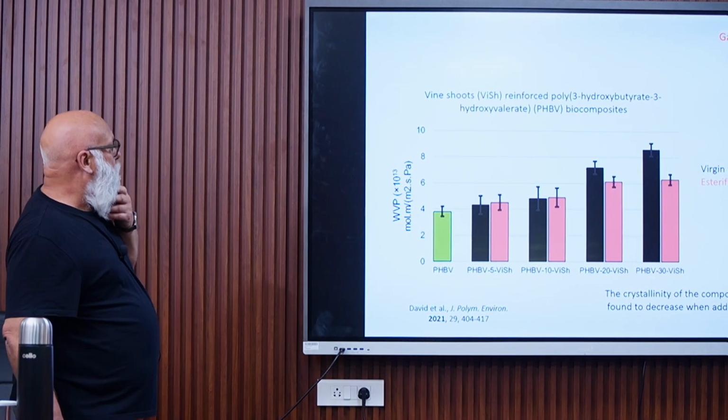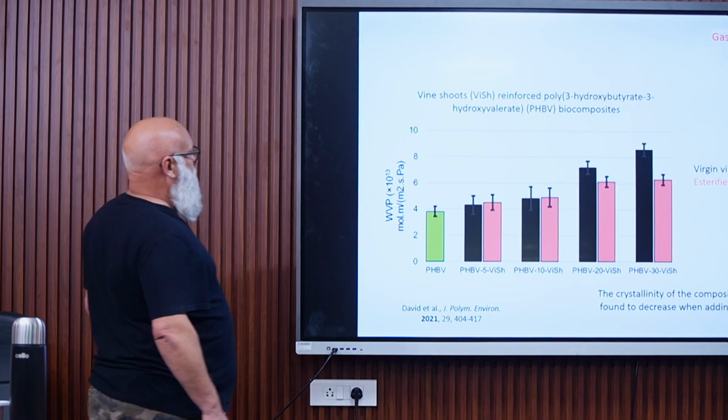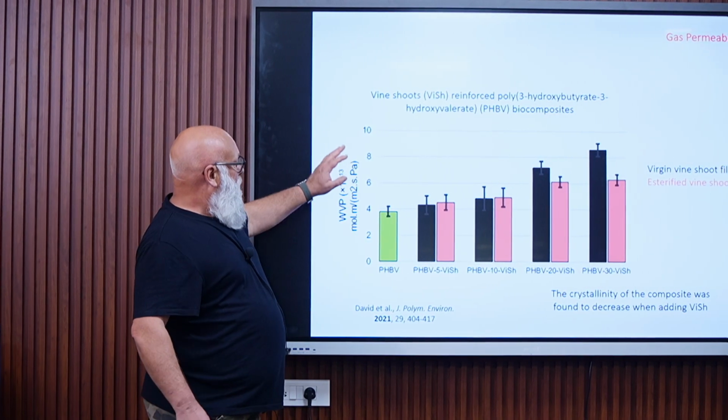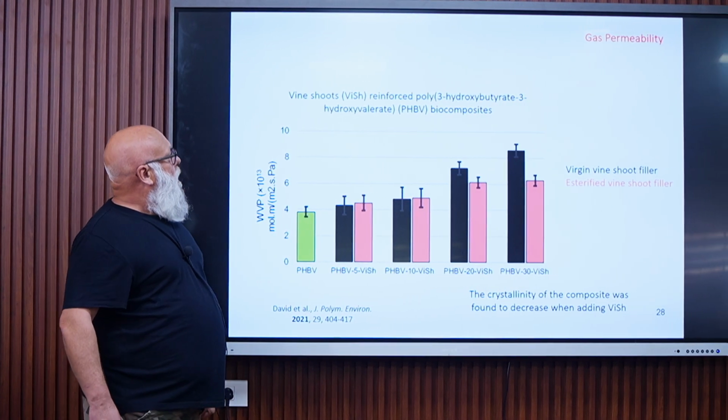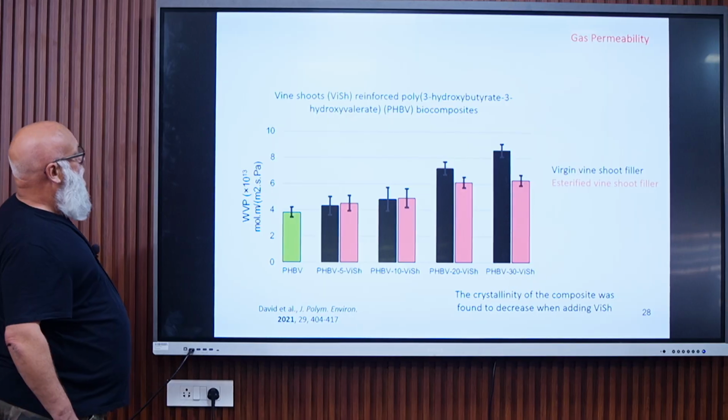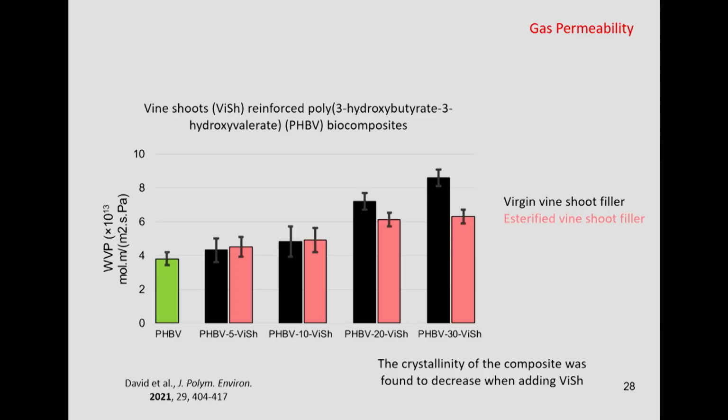So this is just to show you an example in this material. So it's wine shoots reinforced PHBV, polyhydroxybutyrate hydroxyvalerate. Biocomposite, you have the water vapor permeability for the neat matrix and with different amounts of this natural filler.